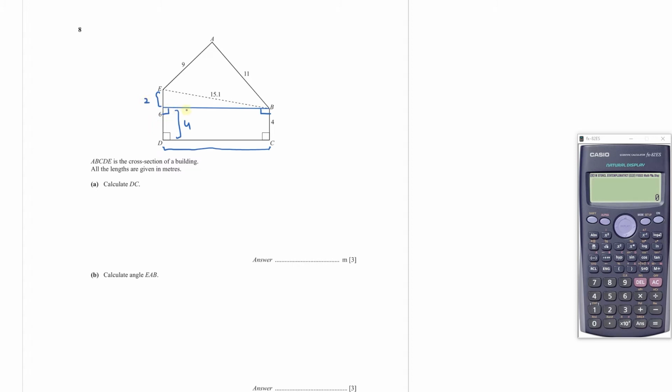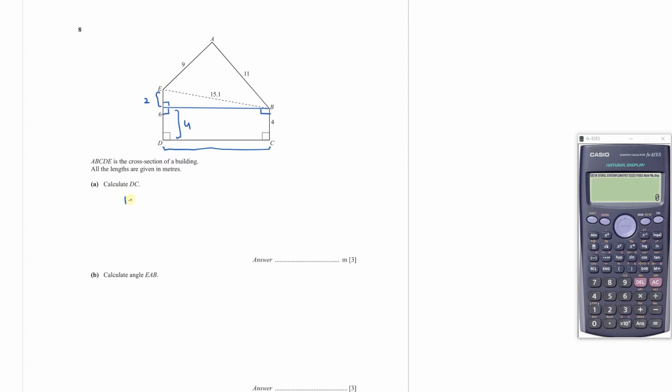So now I can calculate this length using this triangle here. This angle is also 90 degrees, so I can use the Pythagoras theorem. This is the hypotenuse, and this is the base and this is the perpendicular length.